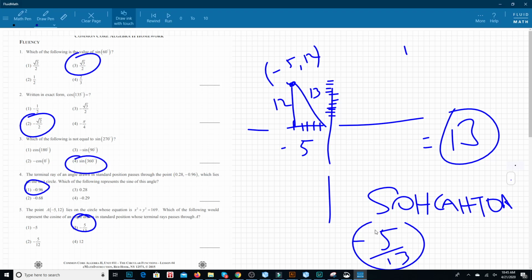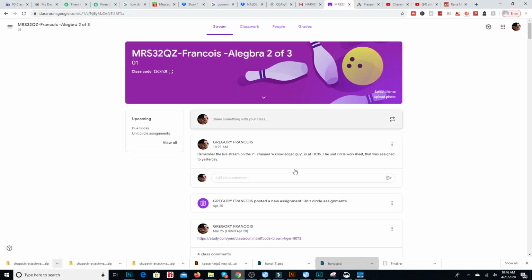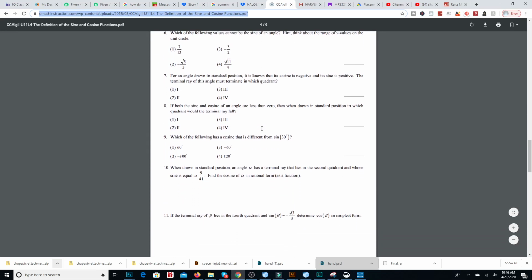Let's see what's going on. I do believe that I gave you two sides of this, and I also gave you the unit circle chart as reference. So I'm going to take a snippet of 6 through 11 now. Give me a second, guys. Clear everything here. Was it here or was it here? I put it here. Okay, it was here. Ask me any questions you may have.